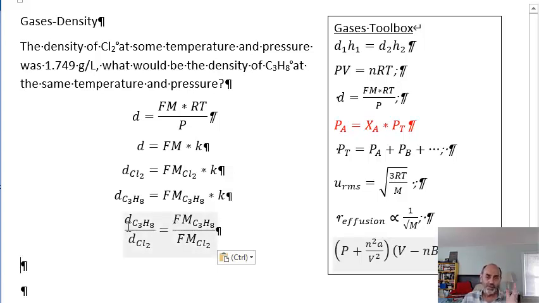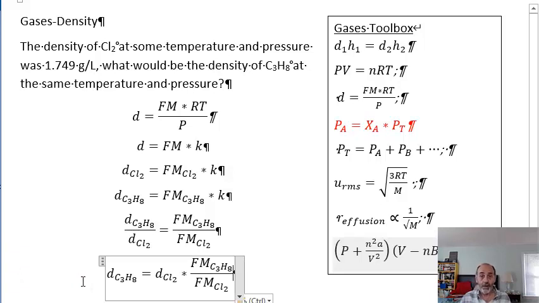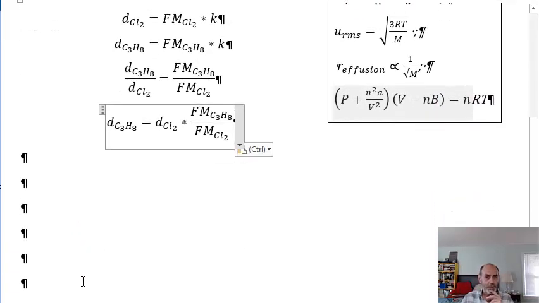We want to do algebraic manipulation to solve for our unknown. Then we can put numbers in after that and solve for the actual value of the density. So here is the rearranged form of the equation above.